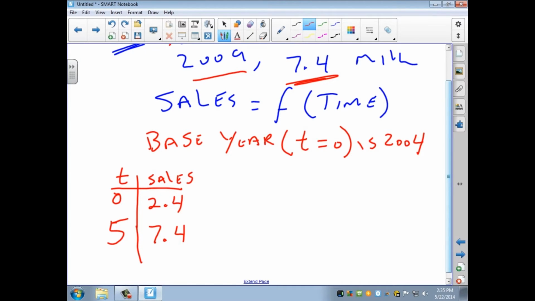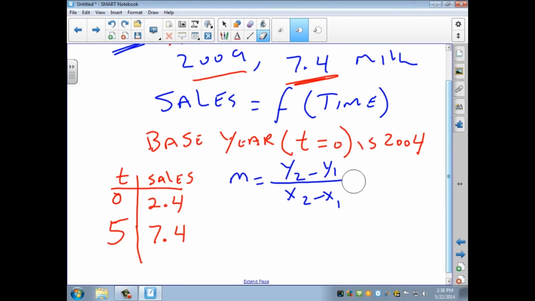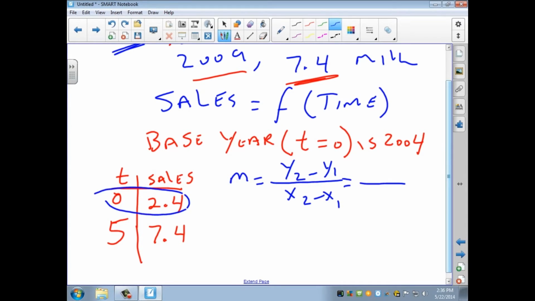Again, the question is to find an equation given the company's sales as a function of time, right? So I need the slope. Formula for the slope was y2 minus y1 divided by x2 minus x1. So in this case, let's say this is my first point, this is my second point, right?